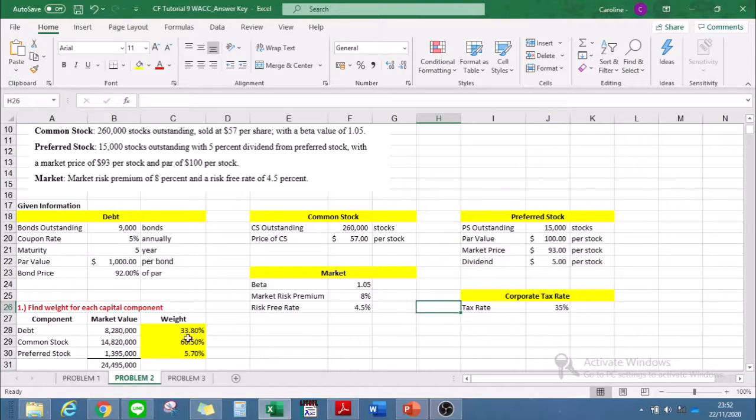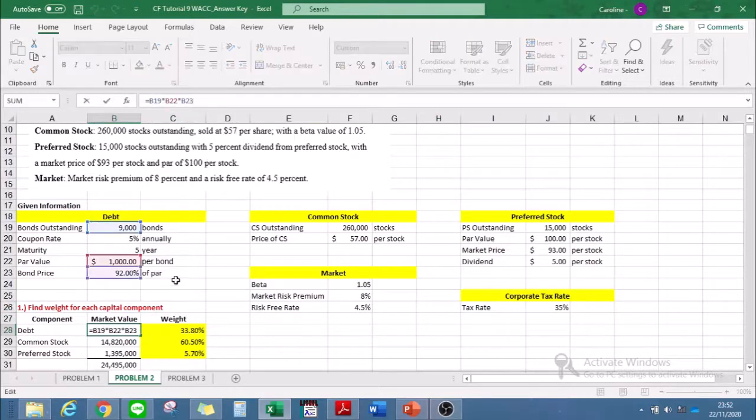Okay, so for the debt, how to find the market value of the debt? You need to multiply this bond price, 92% of the par, with the par value, and with the bonds outstanding. Okay, so 92% multiplied by 1,000 multiplied by 9,000.